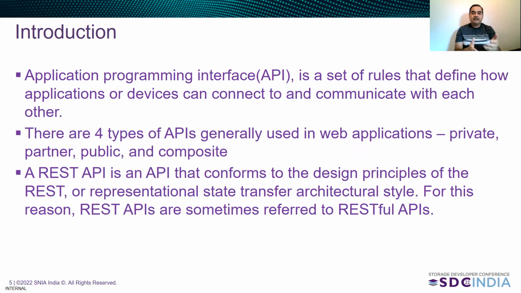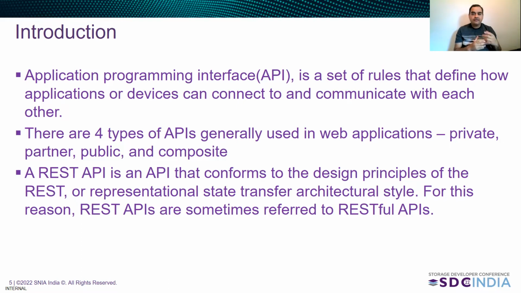This is a typical definition of an API. Again, the presentation is not about an introduction to APIs, but I just wanted to get us on the same page. I'll introduce what APIs are, and then I will go into specific API breaches. An API is a set of rules that defines how applications or devices can connect and communicate with each other.